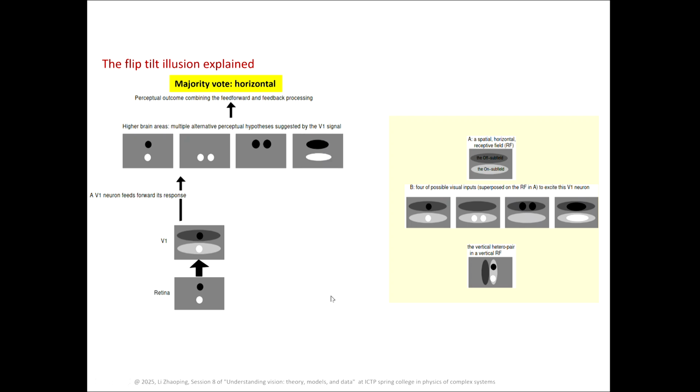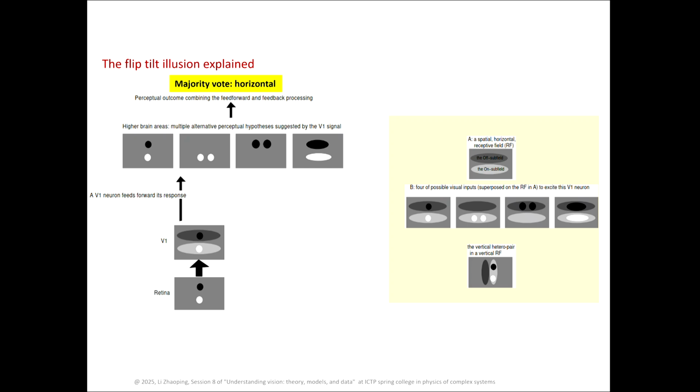Okay, so apply the maximum likelihood decoding from yesterday. A or B. A is horizontal, B is vertical. What would you say? Yeah, based on this one neuron response, the maximum likelihood is horizontal. Okay? And it's an error. The error is the illusion.